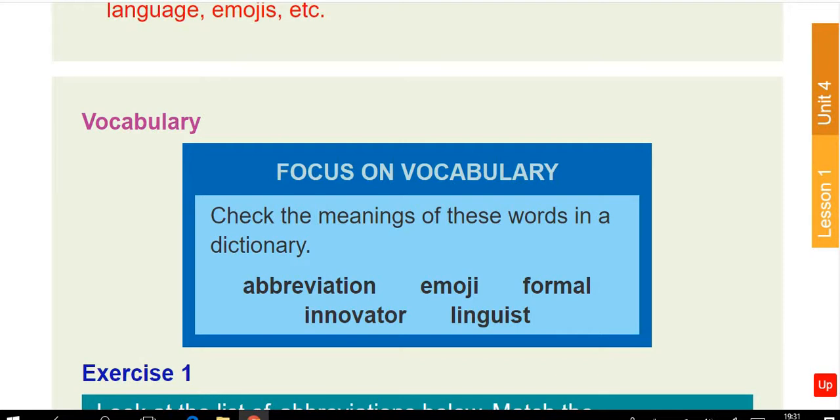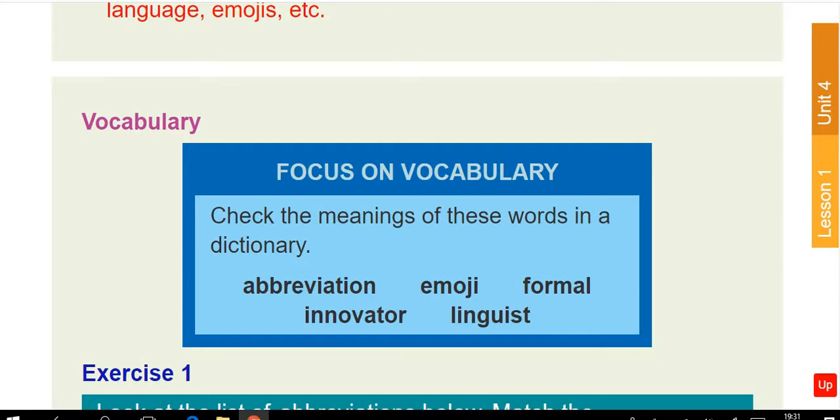MR is an abbreviation of the word Mr. or Master. ADS, ads, is an abbreviation for the word advertisement. So abbreviation is the noun and the verb is to abbreviate. The adjective is abbreviated.